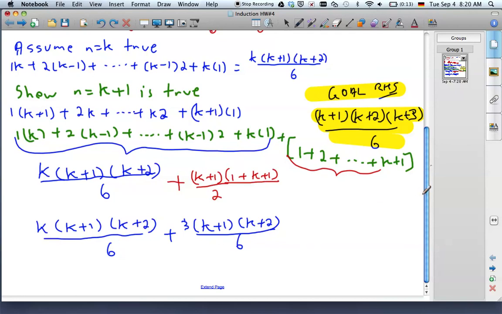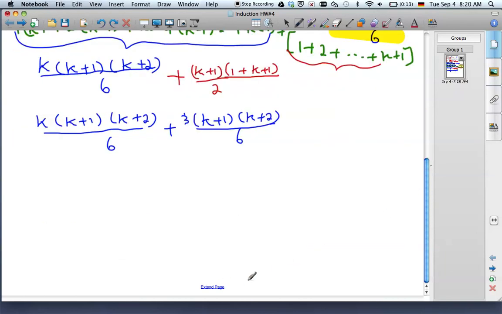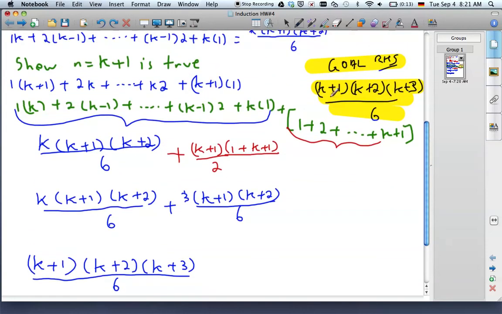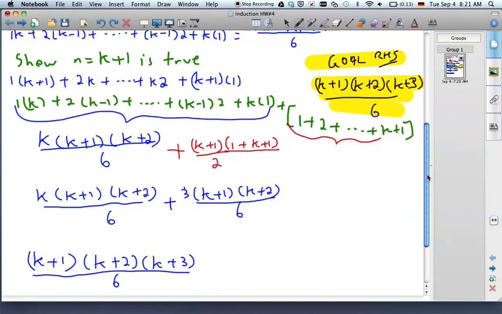Now you have a common denominator, but we also have something else. When you look here, you have k plus 1 in both places. You have k plus 2 in both places. So you have two binomial common factors. Let's factor out k plus 1, factor out k plus 2, and what you're left with is k plus 3. And of course 1/6 factors from both terms as well, so you see that you've arrived at the goal. So the left-hand side now equals the right-hand side, what we wanted.